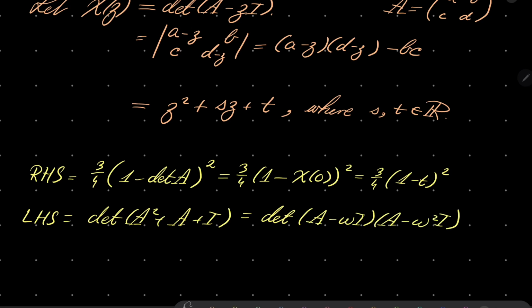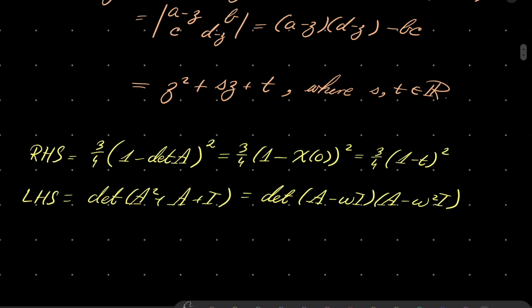It's pretty easy to verify that, because here we have A squared, then minus omega squared A, minus omega A, plus omega cubed. It's exactly the same, because the identity matrix commutes with any matrix. Now, the determinant of the product of two matrices is the product of determinants.